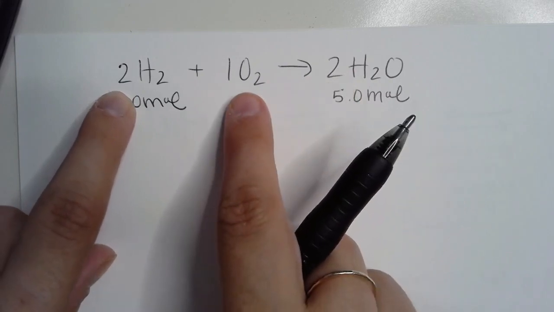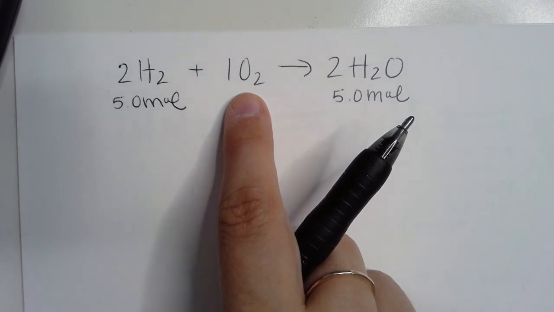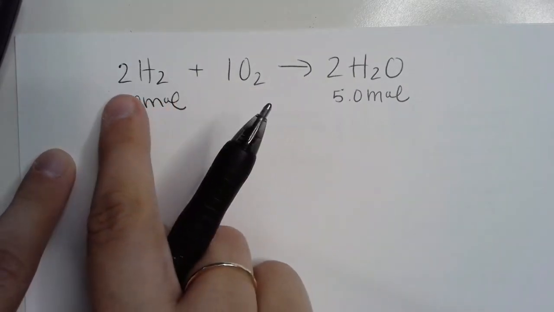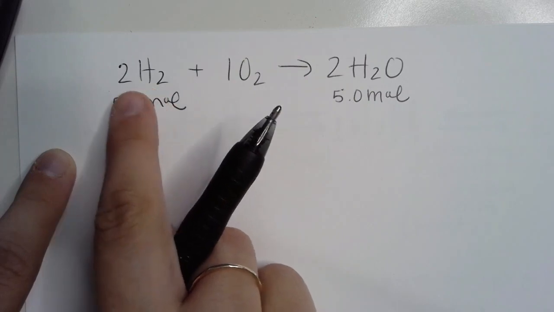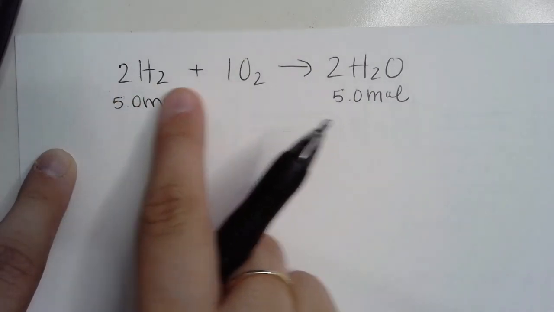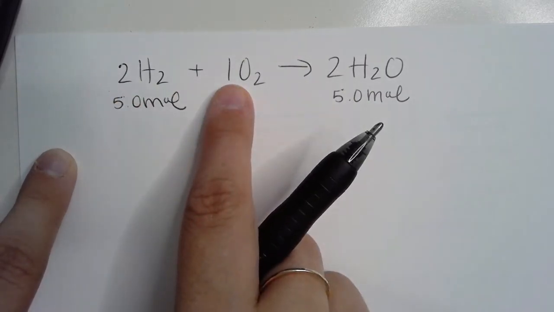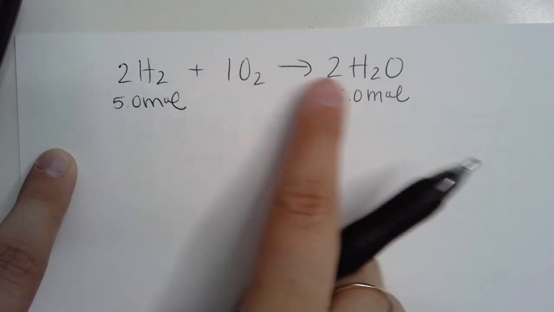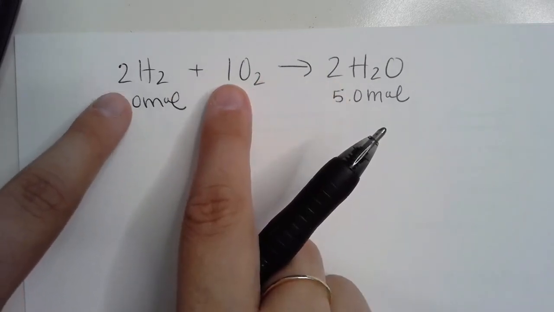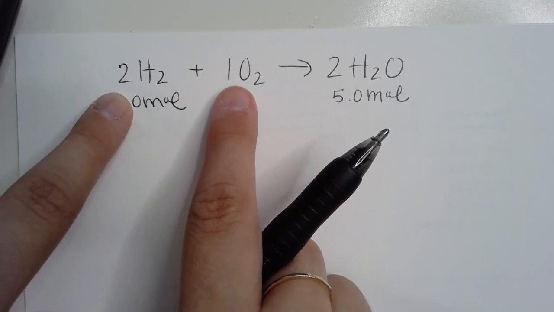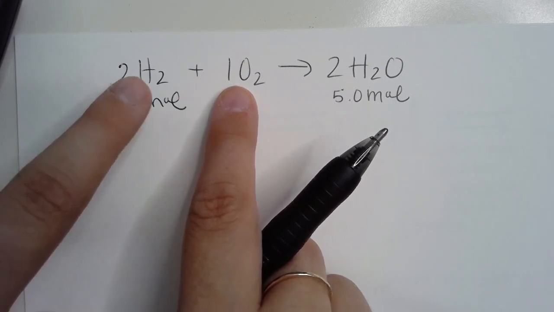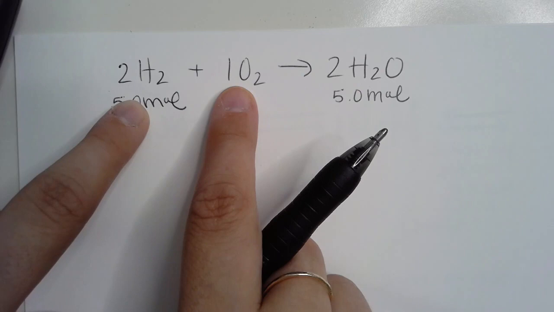Let's think about oxygen here. So again, if we think on a mole level, if I have 2 moles of hydrogen, I need 1 mole of oxygen to react with that to produce the water. So if you look at the ratio, I have half the amount of moles of oxygen needed to react with all 2 moles of hydrogen.